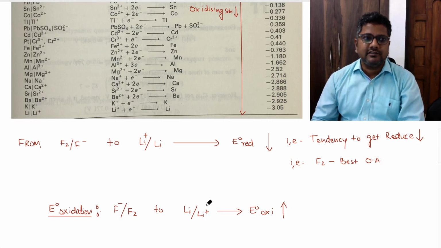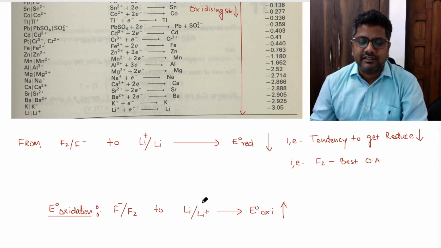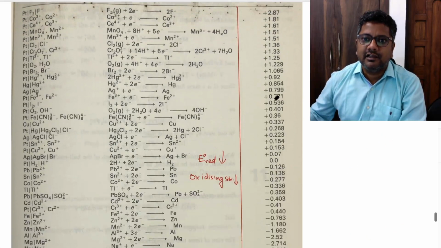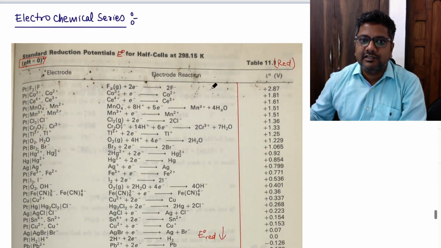Means you will get E naught oxidation for Li highest, because the sign will change. Here plus and here you will get minus, because once you change the couple, the sign will change.